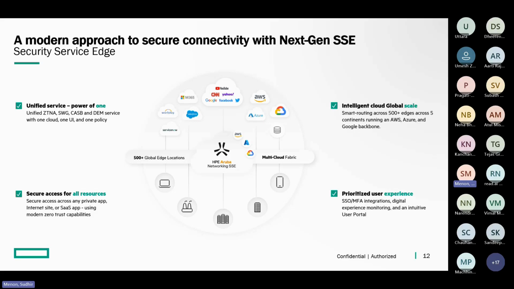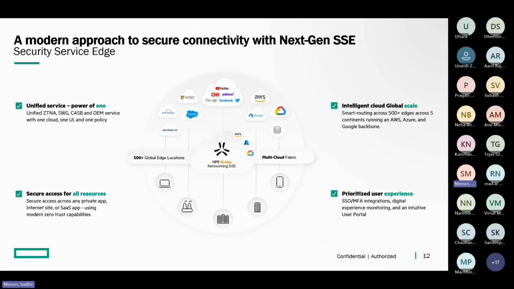So this slide, in fact, I have purposely put to show you why. I think you would have heard about many SSE players, or the SSE 1.0 players like the Netskopes or the Zscalers. I think this is a very differentiating slide where we call it the next generation SSE. Why next generation SSE?